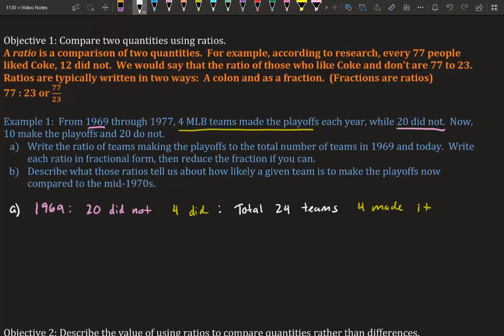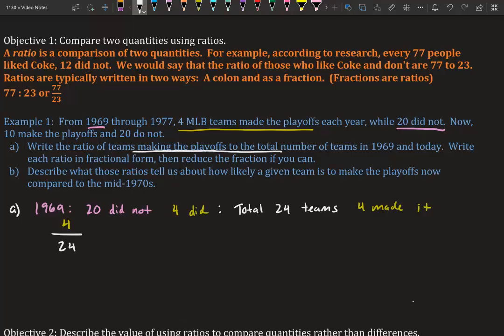If we want to make a ratio for teams that made it to the playoffs, we would put how many actually made it to the playoffs. That's 4. And we always put the total on the bottom, because it's 4 out of how many. And that's a total of 24 teams.